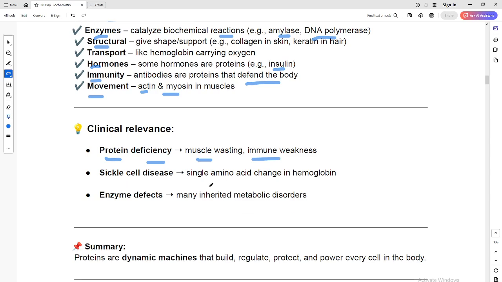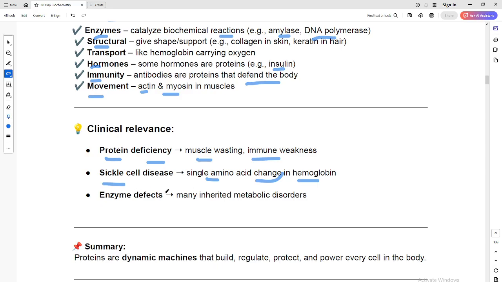If there is a defect in the synthesis of the protein, like a defect in a single amino acid, this single amino acid changes. It was glutamic acid, and it changes to valine in the hemoglobin. It leads to severe changes and a severe disease called sickle cell disease.